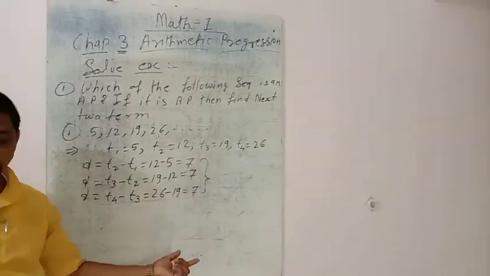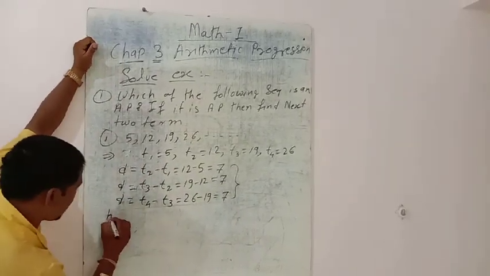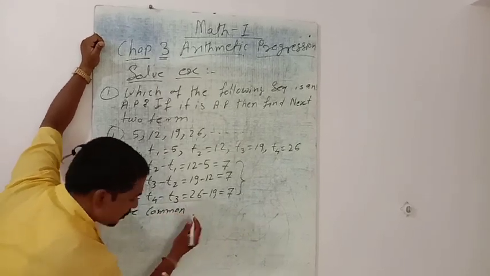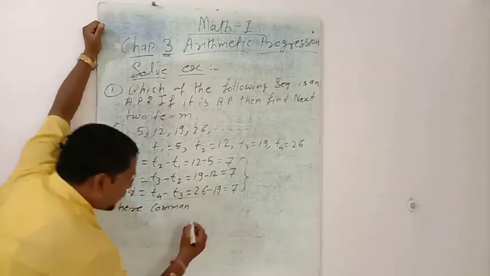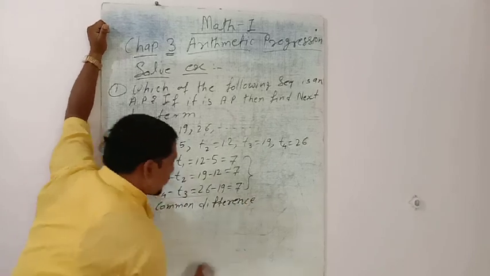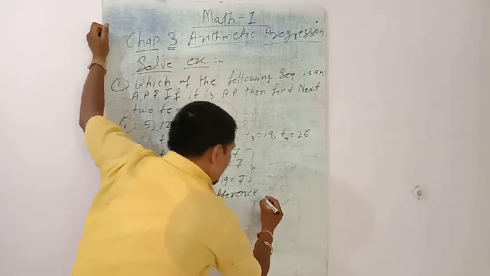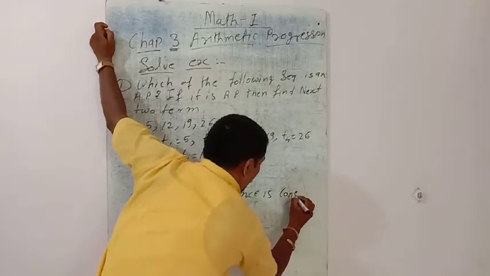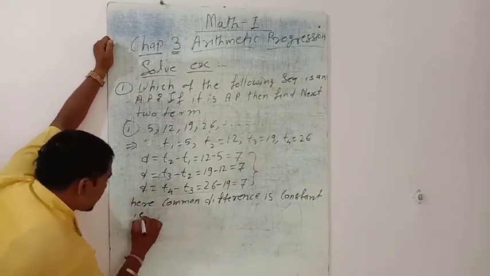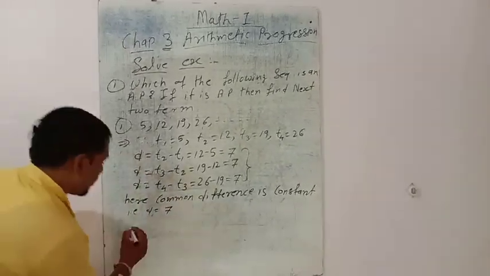So here, see, d is a constant. Here the common difference is constant, that is d equals 7.